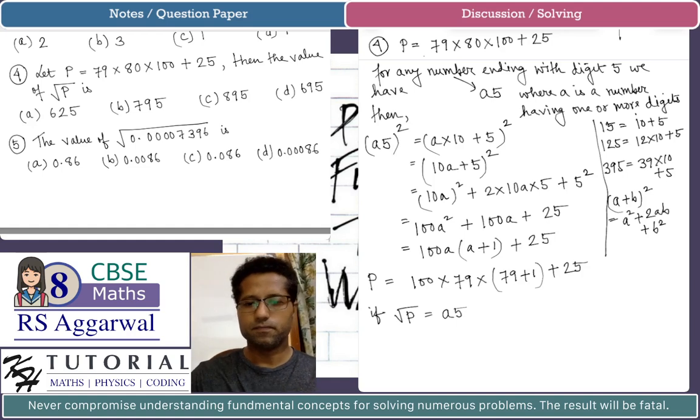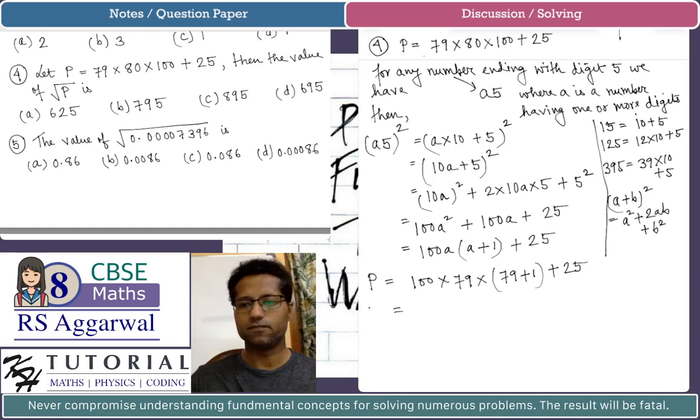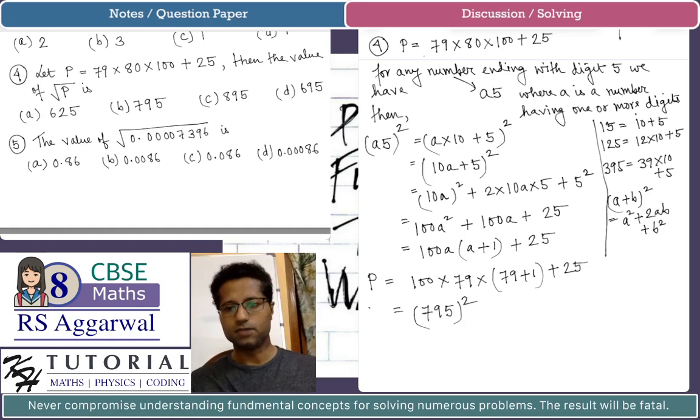So we can say that this number p, which we have expressed as 100 into 79 plus 1 plus 25, has to be clearly the square of 795, because we know that any number ending with the digit 5, if we express it as A5, where A is a number having one or more digits, then its square is 100A into (A plus 1) plus 25.